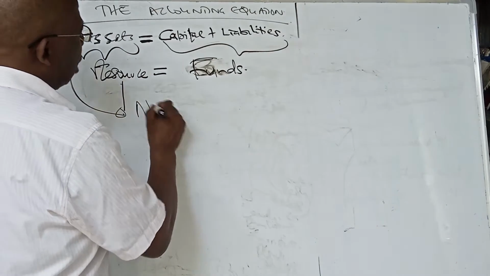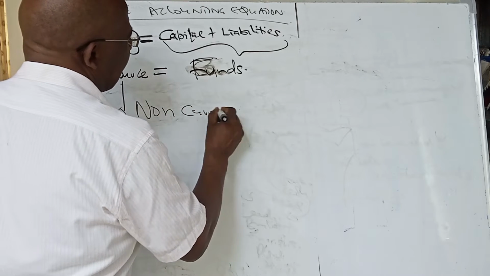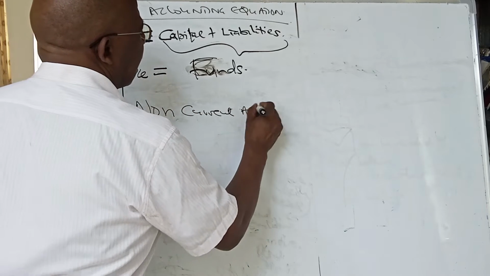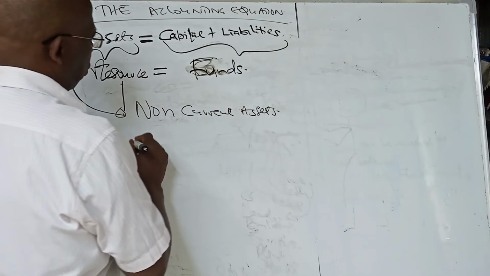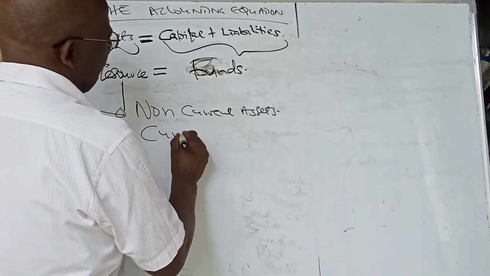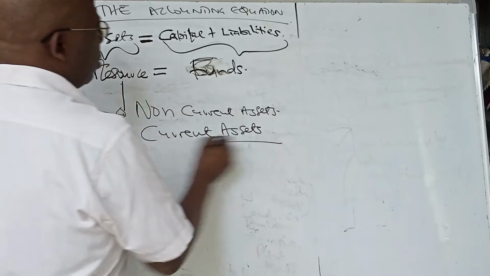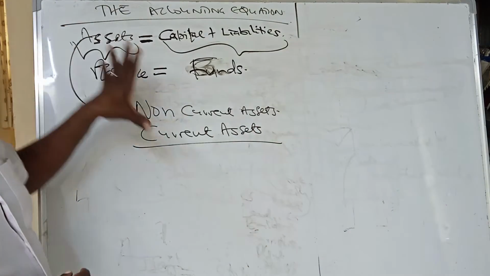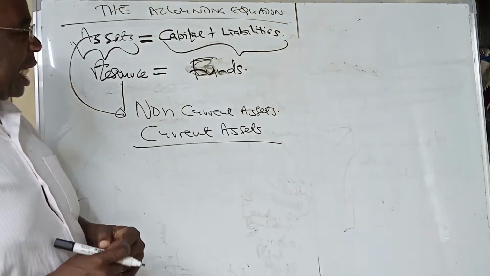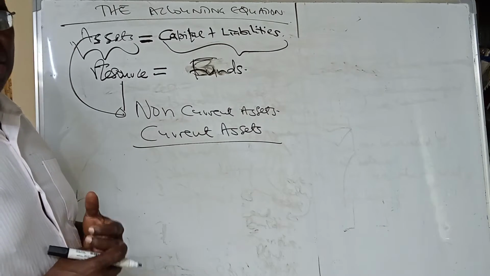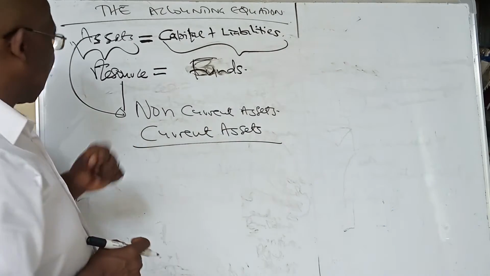We have assets which are called non-current assets, and we have assets which are called current assets.